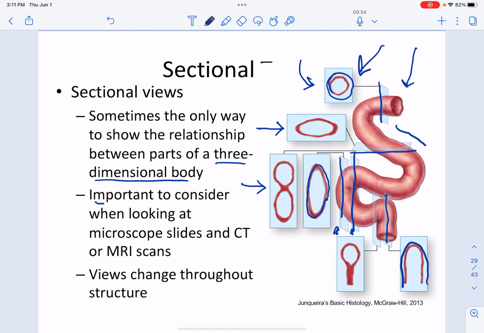So it is very important to consider the three-dimensional structure when looking at these microscope slides, because the views can change throughout. It really just depends on where the section was taken. So sectioning matters. Where it's taken from is going to change the appearance.